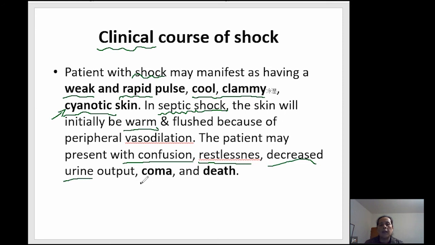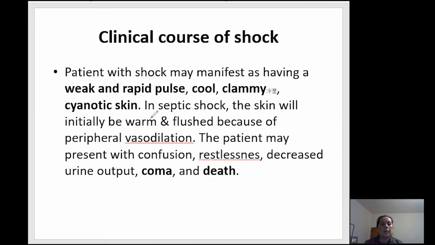In the most severe cases, people lose consciousness, which is what we call coma, and even death. So shock is still a severe disorder of the blood circulation system because they can't send blood and oxygen all over the body.